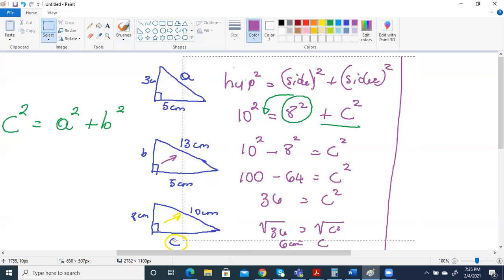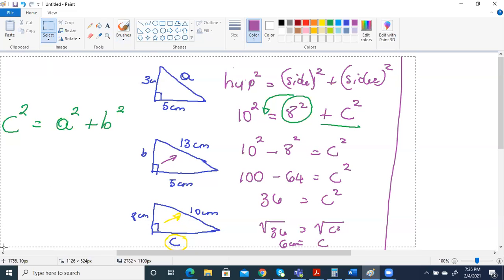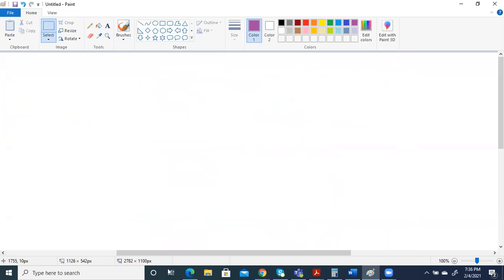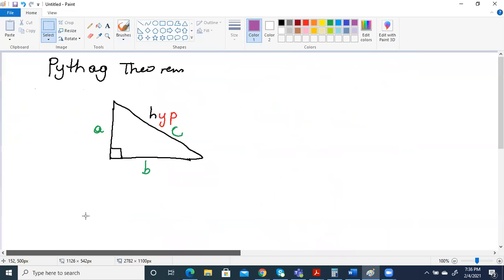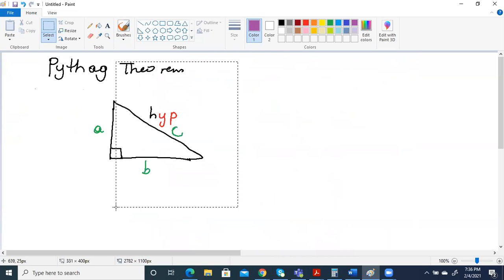So the next thing we're going to revise is our trig ratios.